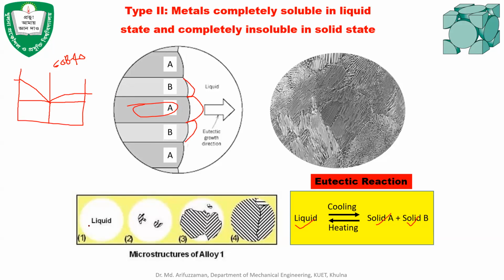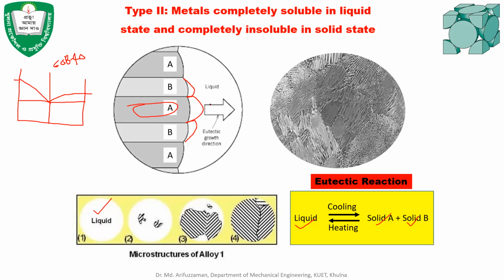Okay, and that means in step 1, it is completely liquid. When the temperature reaches the eutectic point, then solidification starts. Okay, and how does the solidification start? Metal A starts to precipitate, become a solid, and then on both sides of metal A, metal B starts to solidify. When metal B starts to solidify, on the other side, metal A again starts to solidify.